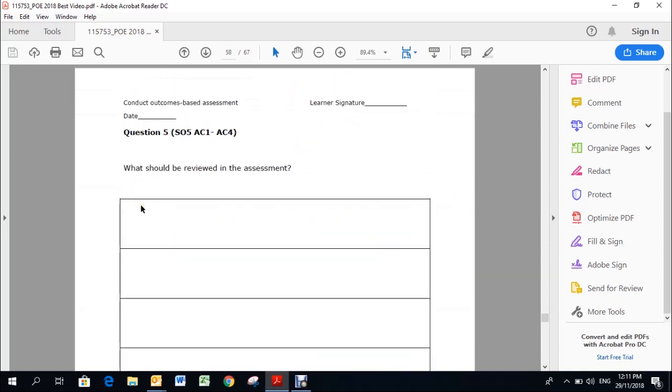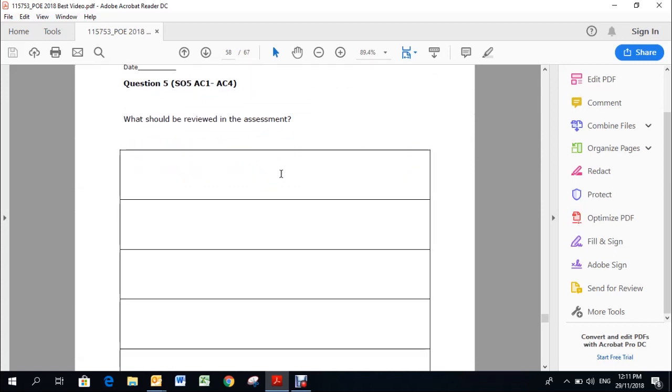Question number 5. What should be reviewed in the assessment? I'm not going to answer this question, but for each and every process, after you complete, you need to sit down and look at how you did it, what went wrong, and what you need to improve on. That's the review part of the process.